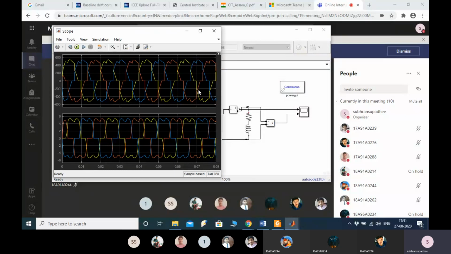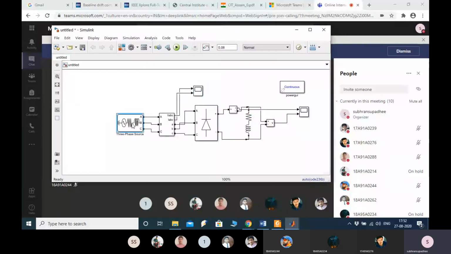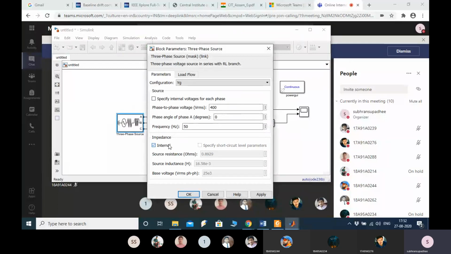What is the use of source inductance, or the effect of impedance in the source? This is the effect of impedance in the source. What you are doing over here is, initially it was a YG, that is, a three-phase source connected in YG configuration.